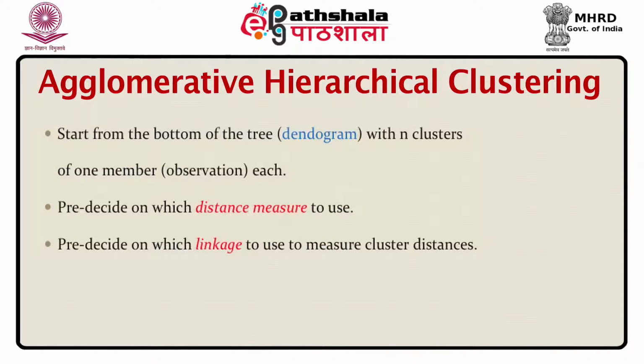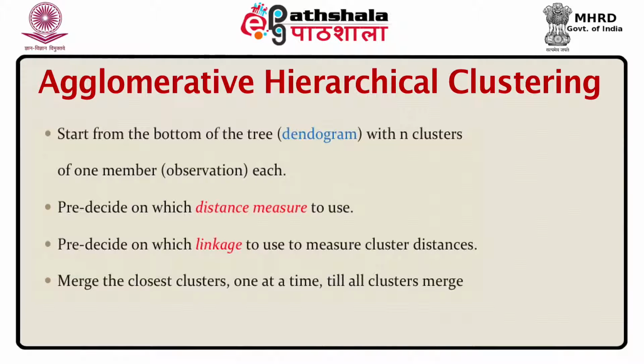We also need to decide on which linkage to use to measure the cluster distances. Once having decided on these two, we merge the closest clusters one at a time till all clusters merge into a single cluster of n members at the very top of the tree. This is briefly what we do in agglomerative hierarchical clustering.